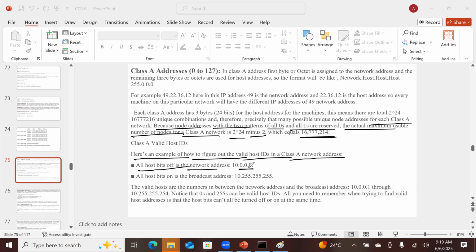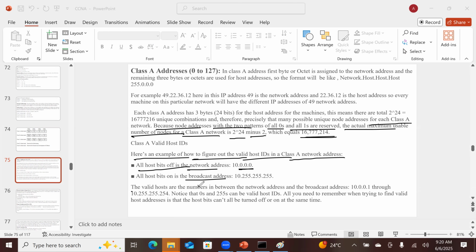If all of them become 1, that will be the broadcast address, which is 10.255.255.255. Whatever IP addresses fall between this range are called valid host IDs or valid host IP addresses.